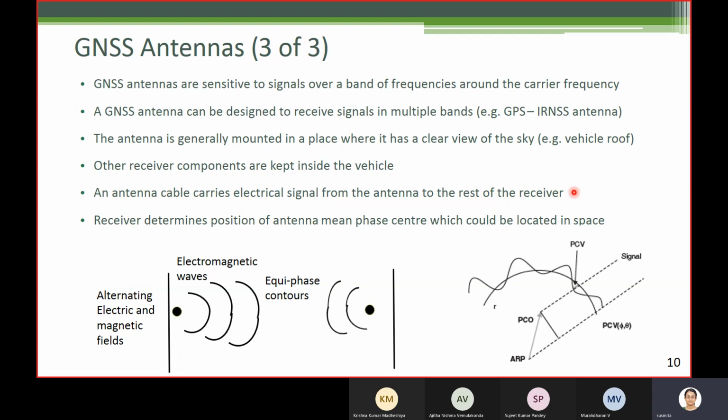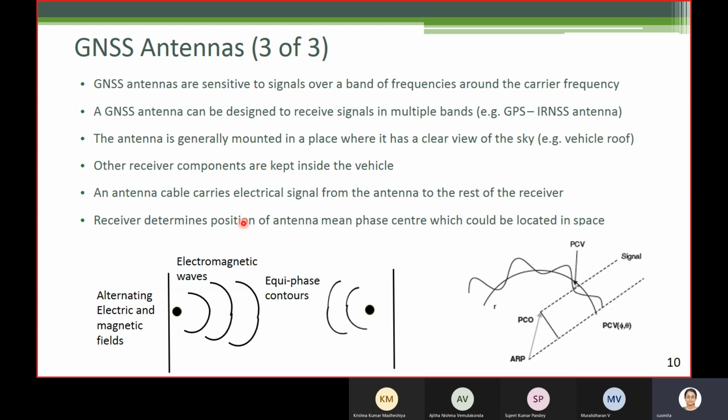Now see, an antenna is a distributed body. An electromagnetic wave hits the antenna. The antenna converts the electromagnetic radiation into an electrical signal. Finally, the receiver determines the position. Position can be of a particular point, right? It cannot be of a distributed body.